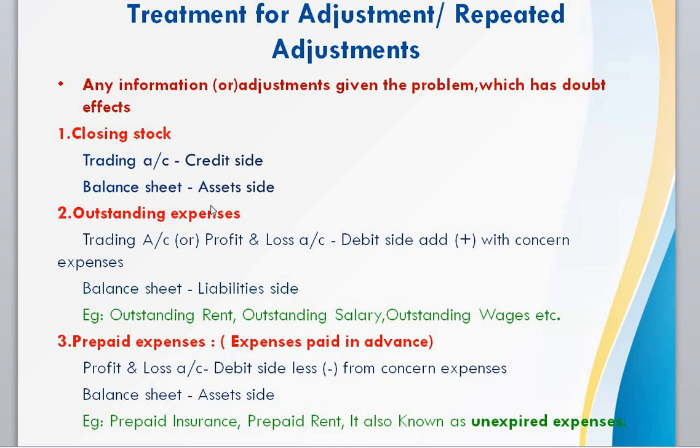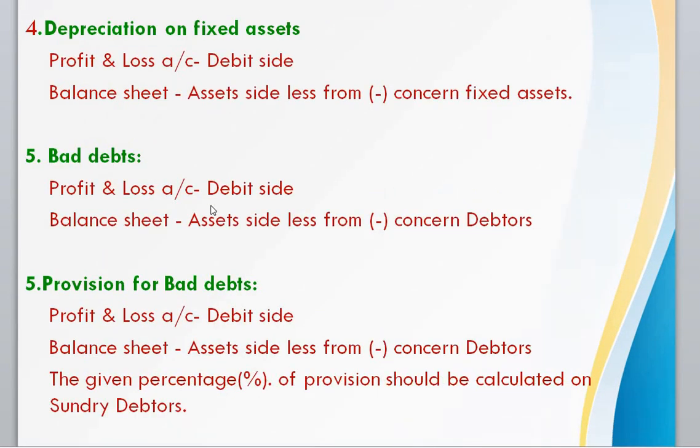The next one, depreciation on fixed asset. Here in the problem they may mention, provide 10% depreciation on plant and machinery, or 5% depreciation on furniture.